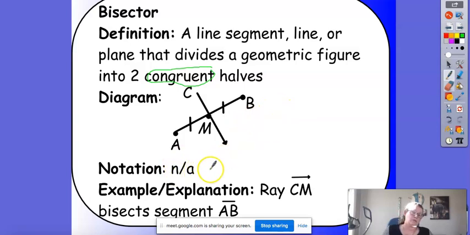I have to tell you, ray CM bisects line segment AB. I don't have any shorthand to do that. I just wanted you to know whenever you see the word bisect, I'm saying cut it in half. And I'm going to go over this word because this is a really big deal in geometry. Congruent. Same size, same shape. That's my last slide when I talk about that.